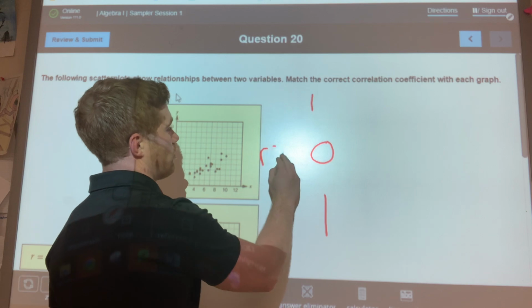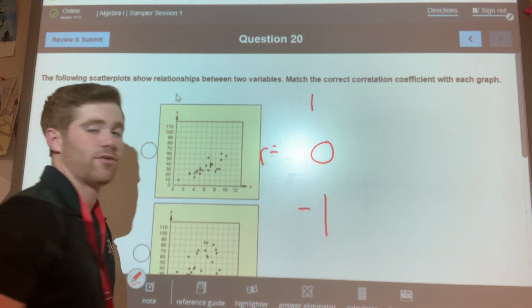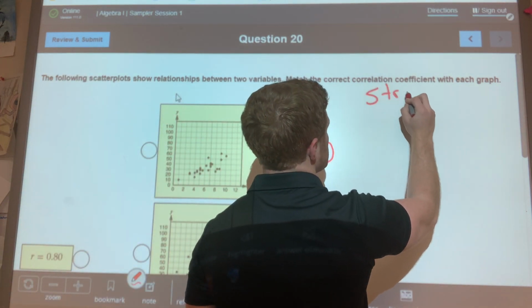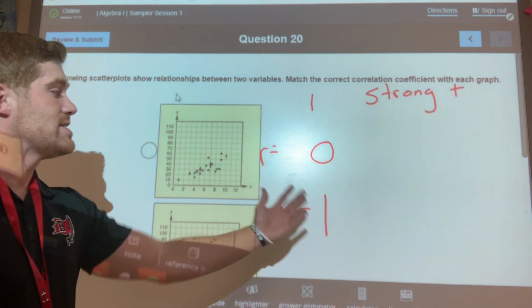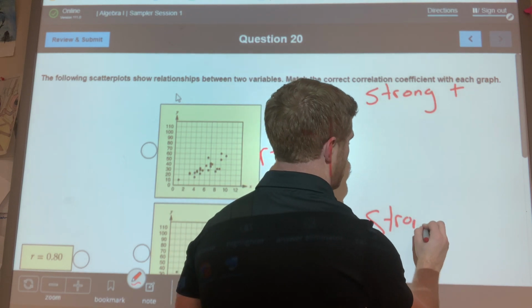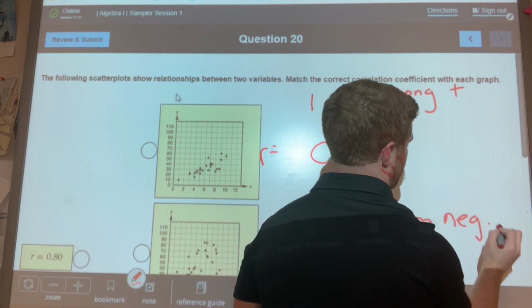So R ranges from 1 to -1. Okay, we're going to say 1 is what we call a strong positive, and -1 is what we call a strong negative.